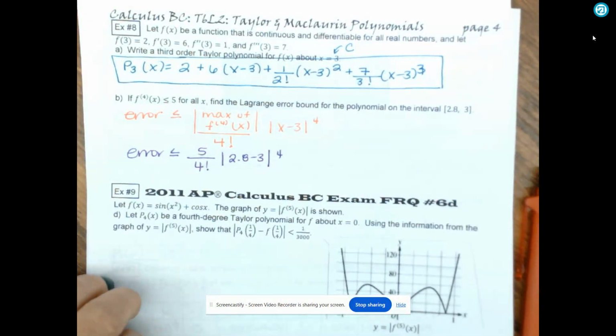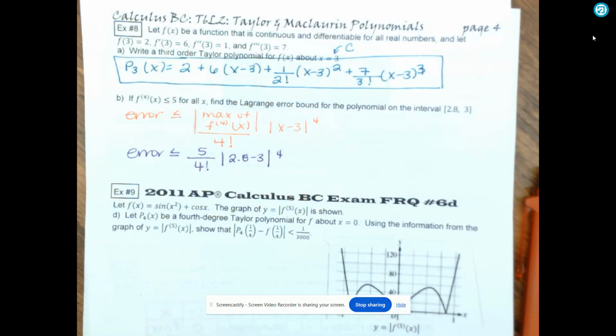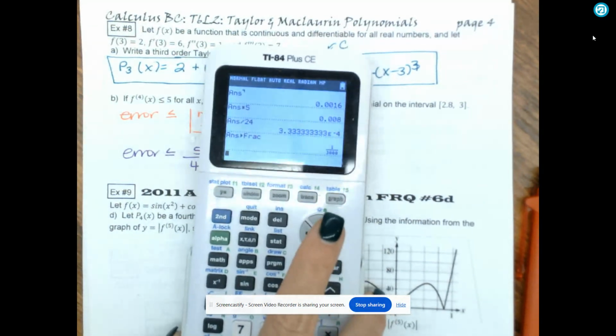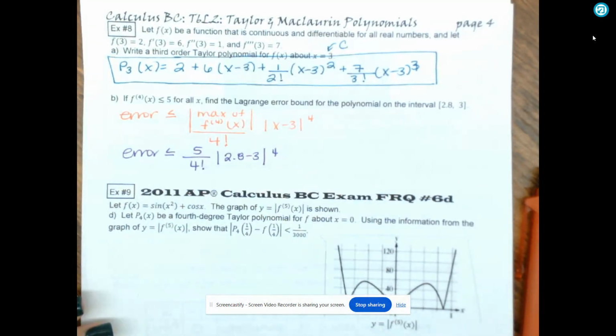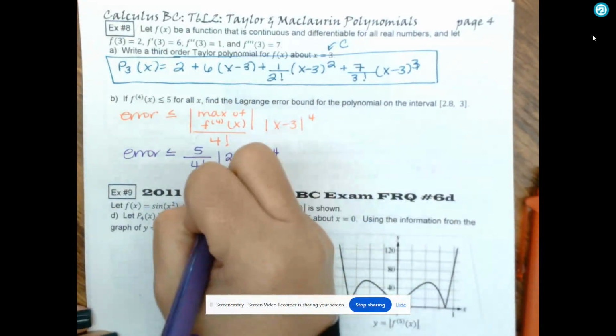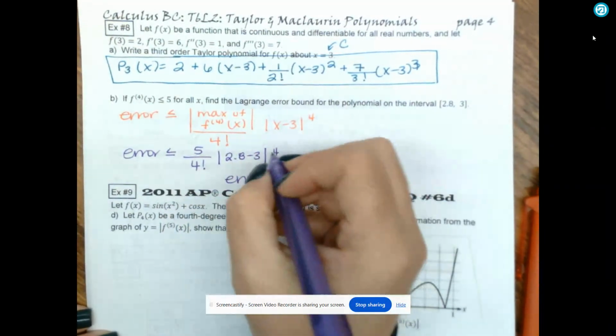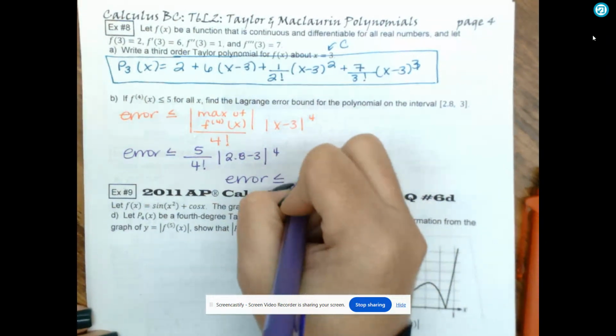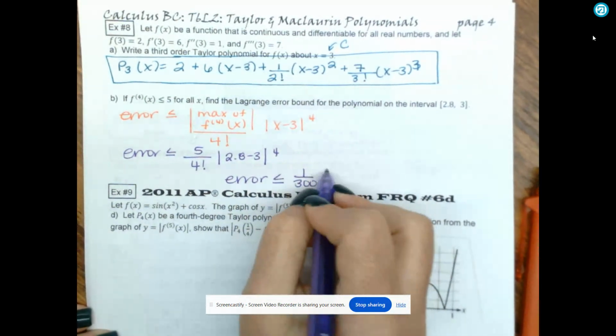If we type all that in, let me double check it, it should in fact give you 1 over 3,000. I typed that in step by step for you, but you could always do that in one step on your calculators. So it is going to be less than or equal to 1 over 3,000.